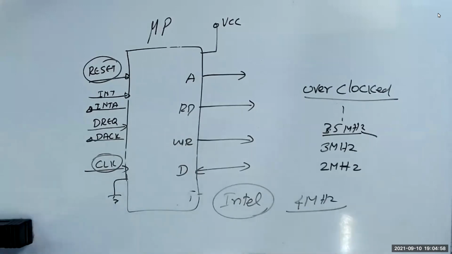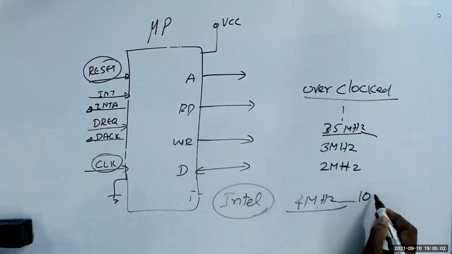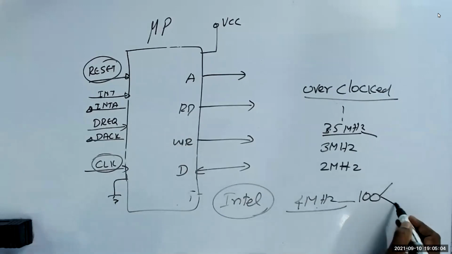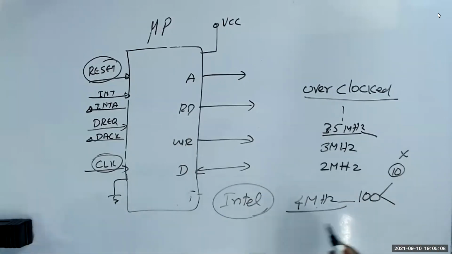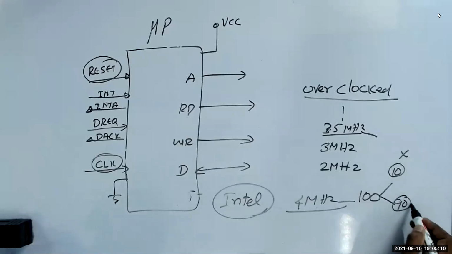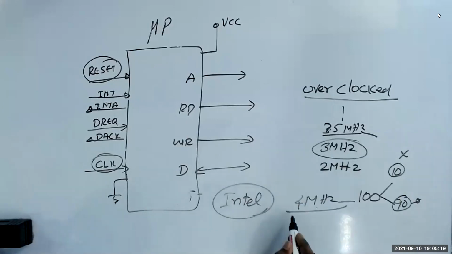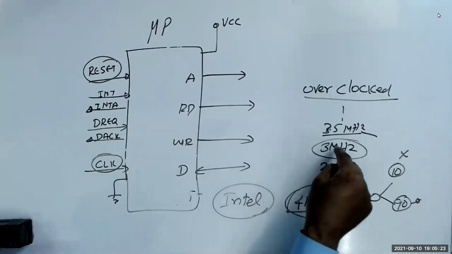When they test for 4 megahertz, out of 100 pieces, about 10 pieces may fail and 90 will pass. Those 90 they will give to the market, telling that it will work only at 3 megahertz. See what they are testing, 4 megahertz, but what they are giving you, 3 megahertz.